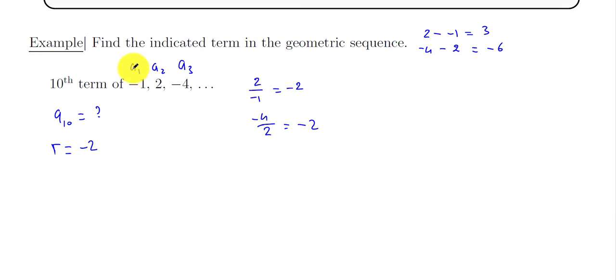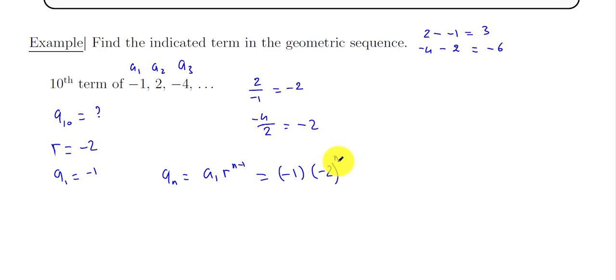Now we know the first term a_1 is minus 1 and the common ratio is minus 2. We can apply the formula a_n = a_1 times r to the n minus 1 power to find a_n. Here a_1 is the first term, which is minus 1, and r is the common ratio, minus 2.